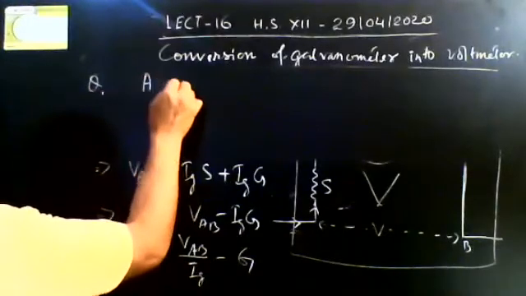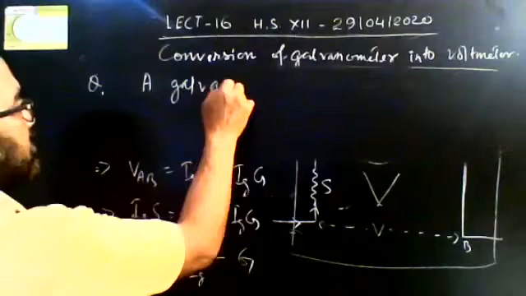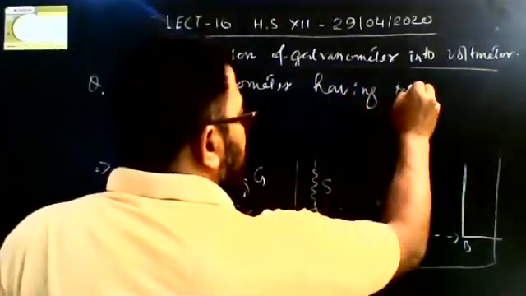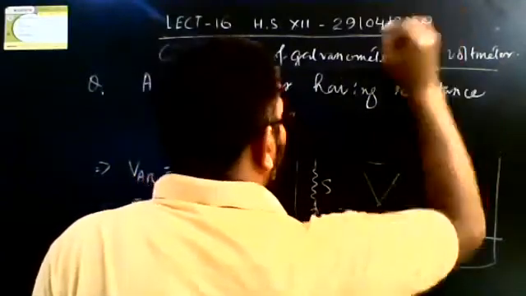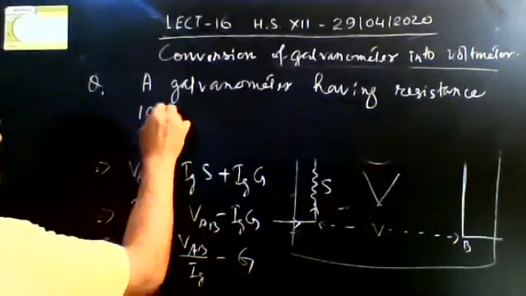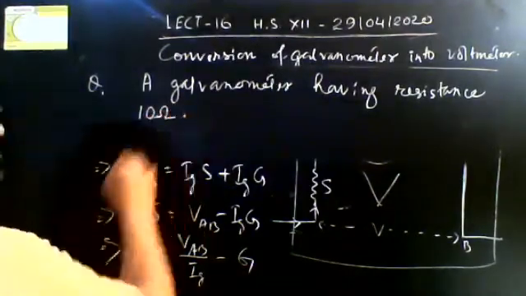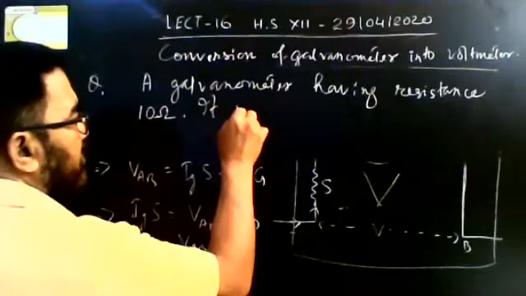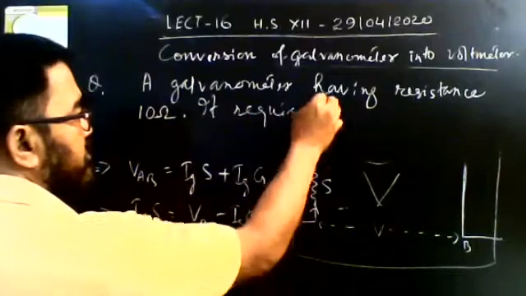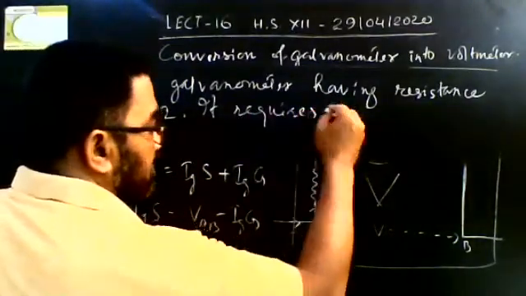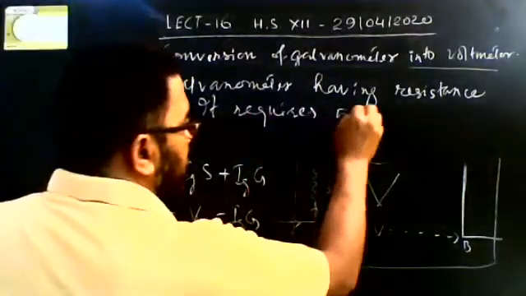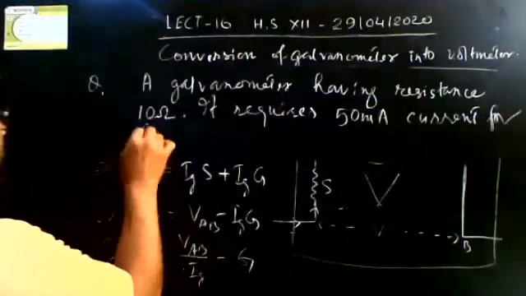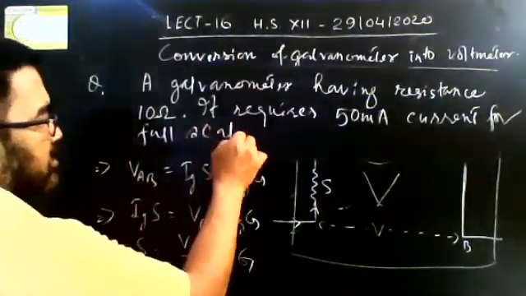Question: a galvanometer having resistance 10 ohm requires, suppose, 50 milliampere current for full scale deflection.